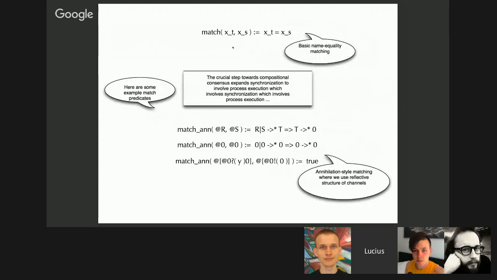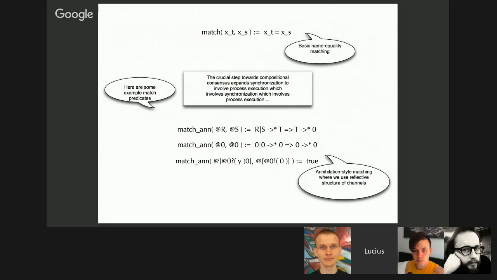So to recover the basic Rho calculus or the pi calculus, you just set the match predicate to be name equality, whatever that is. But it turns out that you can do much fancier things. Since we know that X_T and X_S are the codes of processes, we can say, let's say that @R is X_T and @S is X_S.